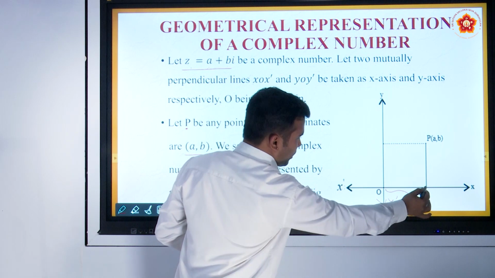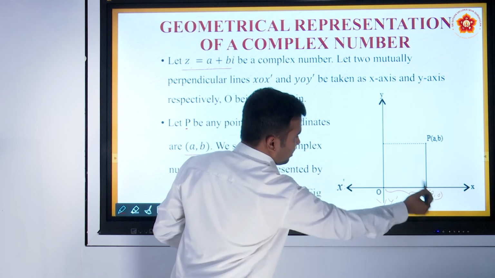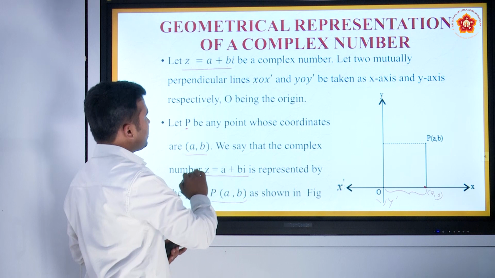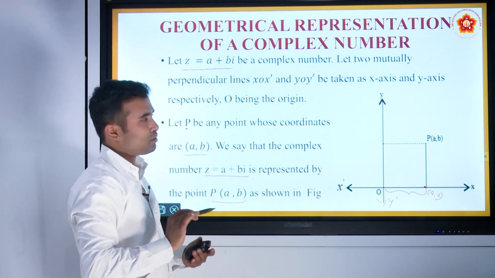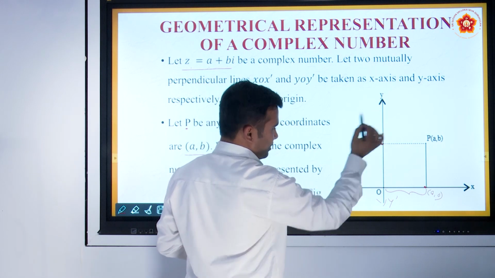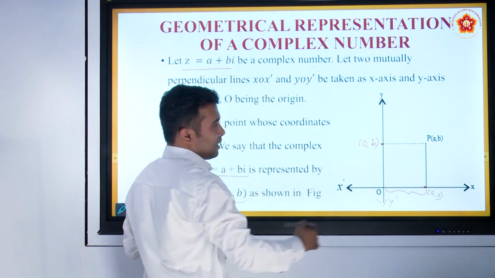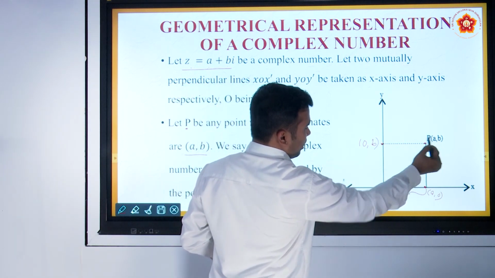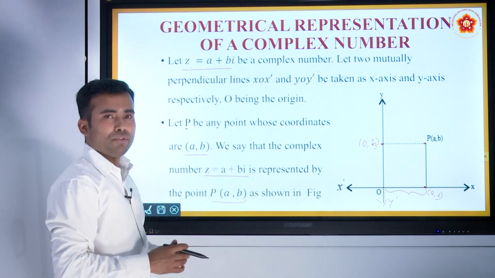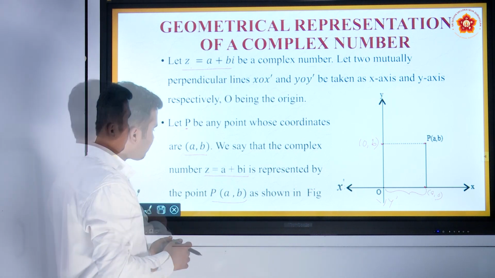This point is a, which we can say is a comma 0, since the y coordinate is 0 here. Another one is b. B is the imaginary part, so we should represent that on the imaginary axis, or y-axis. What is this point? 0 comma b, and this is the point P of a comma b. A comma b are the coordinates. That is how we can represent a complex number in the xy plane.